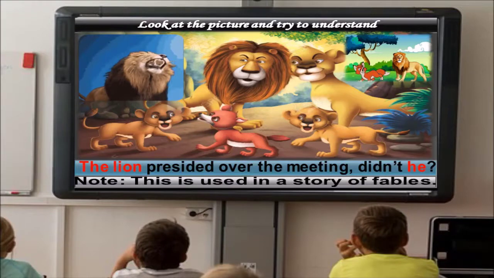Okay. So we must use personal pronoun, and the lion is masculine, so we must use he. And presided, the main verb is past form, so we use didn't. Okay. And also this is an affirmative sentence, so we must use negative tag. Do you understand?